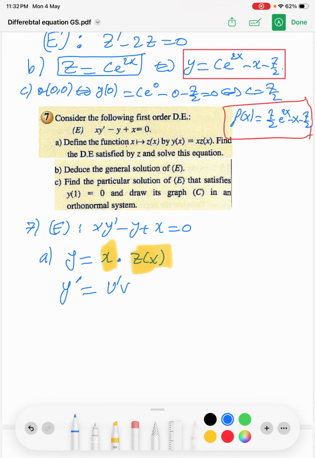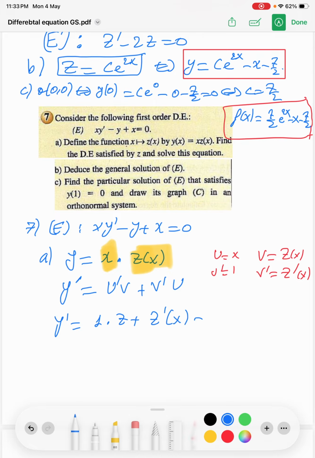This is u prime v plus v prime u. u is x, u prime is 1, v is z, v prime is z prime. So y prime equals u prime v, 1 times z, plus v prime u, z prime times x, equals z plus x z prime, and you must be careful that z prime is multiplied by x. This is y prime.